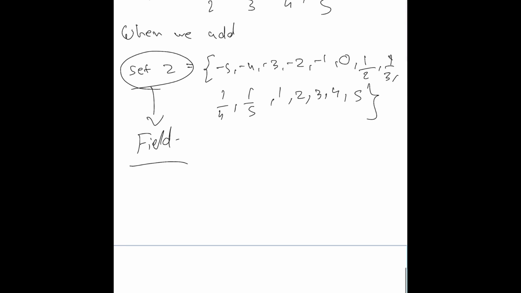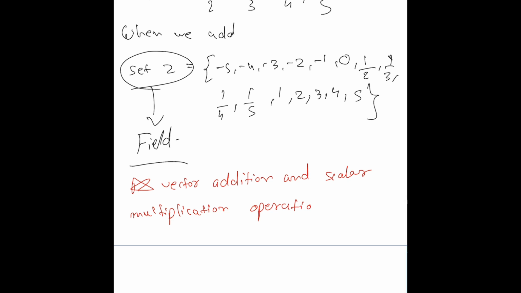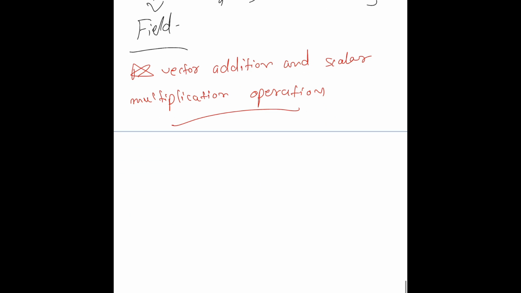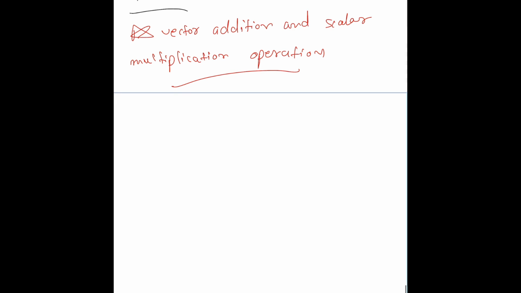So first, let V be a set, and we fix F as a field, right? Vector addition operation on V is a function that assigns an element x plus y in V to each pair of elements x, y in V.